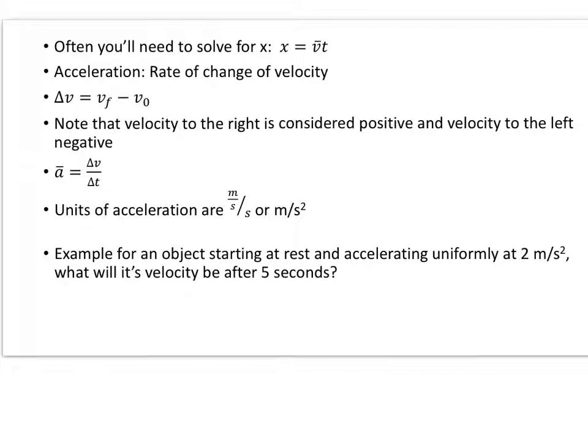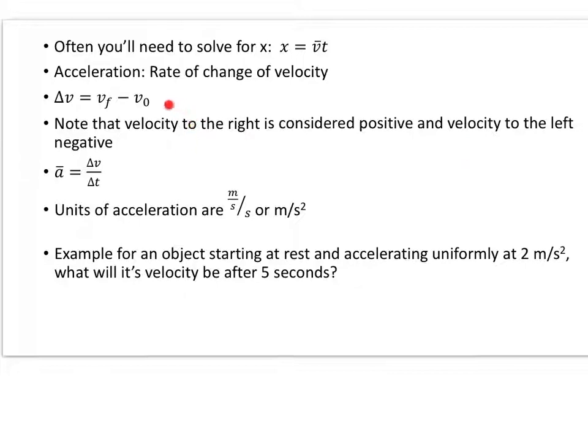All right, now, the acceleration is the rate of change of velocity. Now, it's important that you don't get acceleration confused with velocity. Acceleration is the rate of change of velocity. Notice that the change in velocity is equal to the final minus initial. Also know that velocity to the right is considered positive and to the left negative.